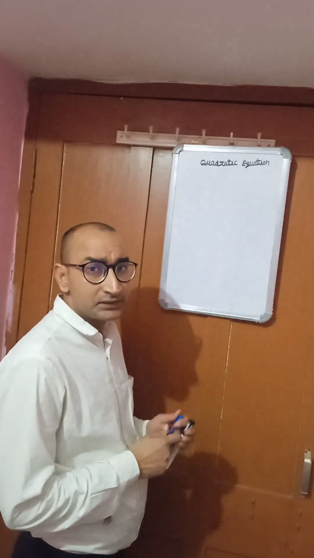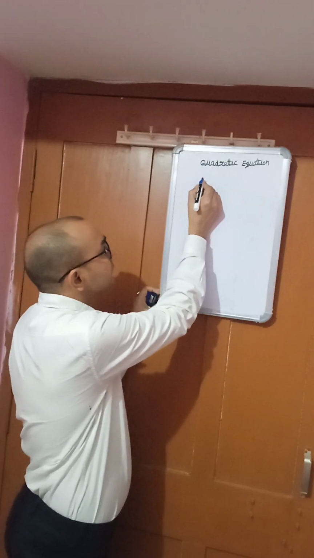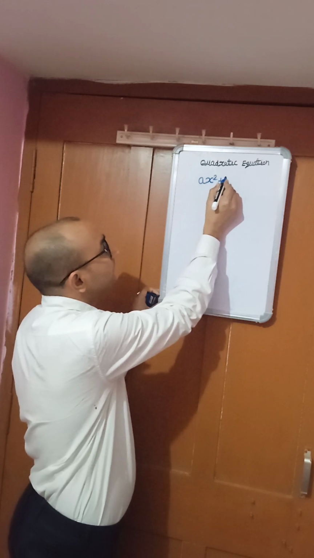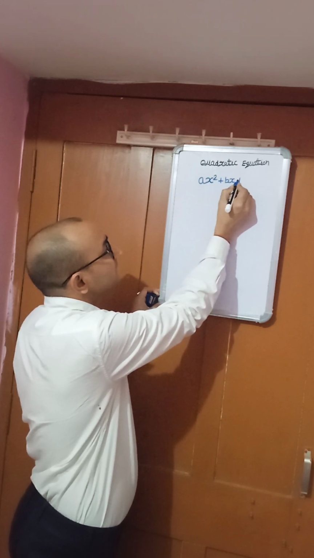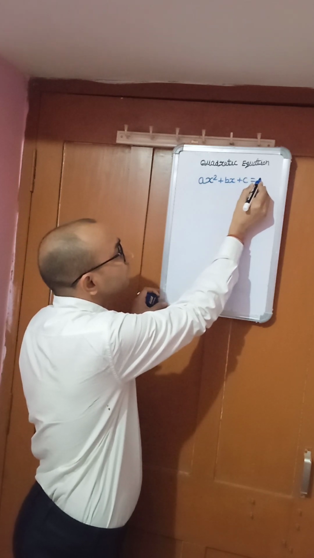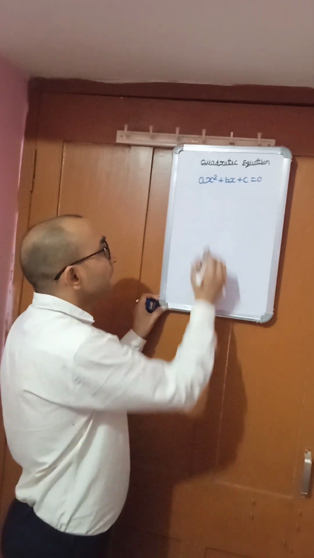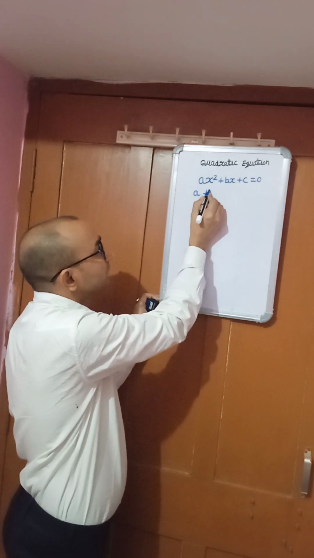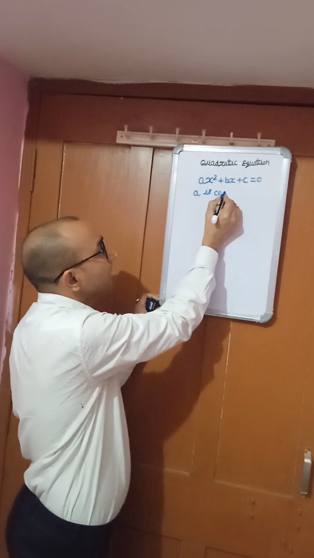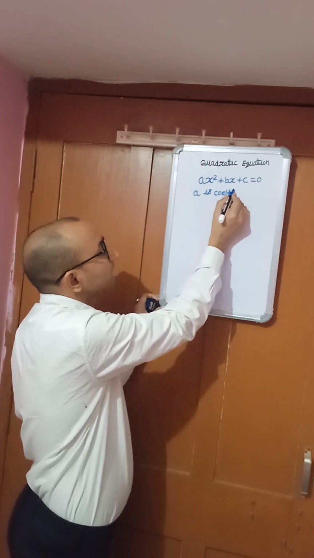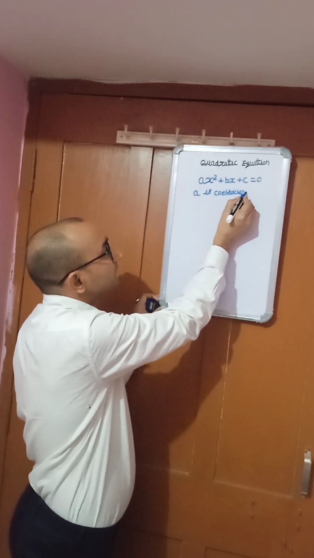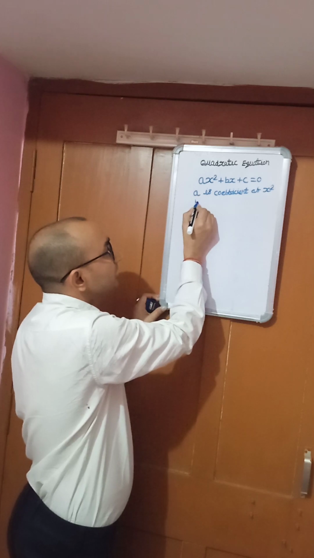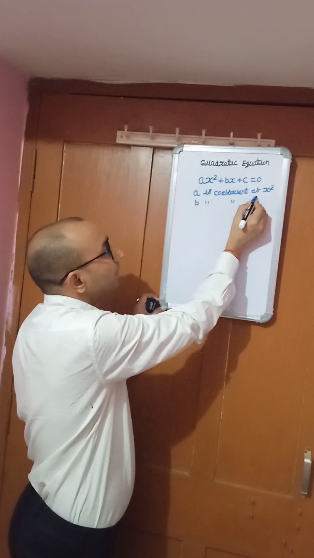So quadratic equations can be written as ax square plus bx plus c equals to 0, where a is the coefficient of x square, b is the coefficient of x.